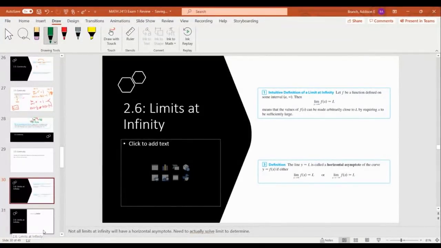All right, we have section 2.6, which is going to be limits at infinity.